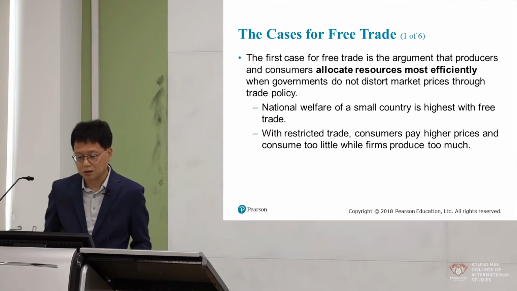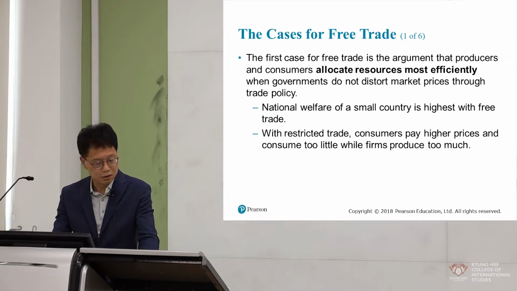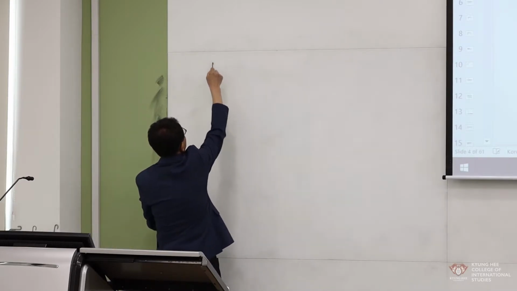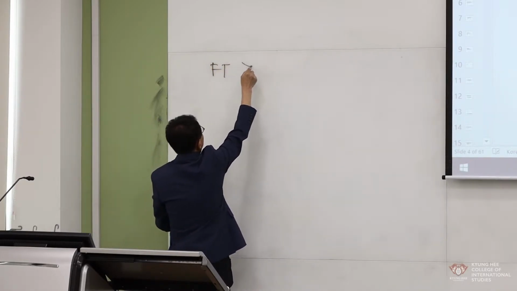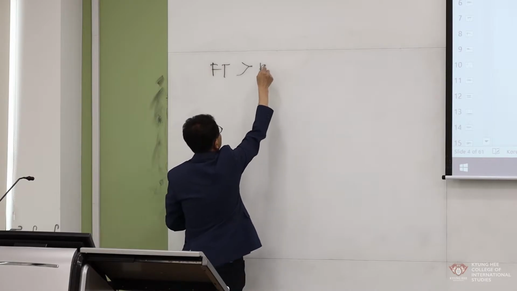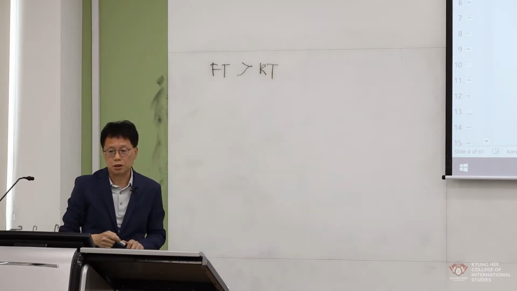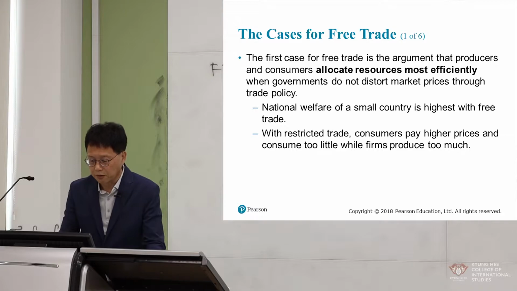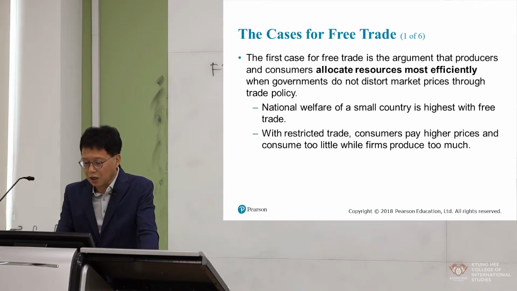The cases for free trade. Why free trade? Why is free trade better than restricted trade or protectionist policy? The first case for free trade is the argument that producers and consumers allocate resources, meaning factors, most efficiently when governments do not distort market prices through trade policy.